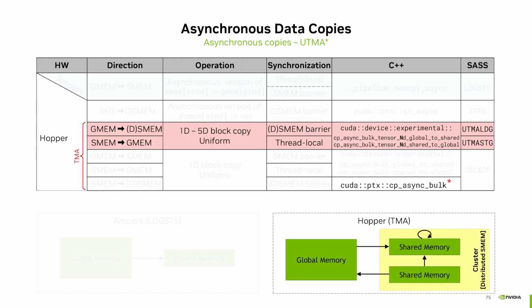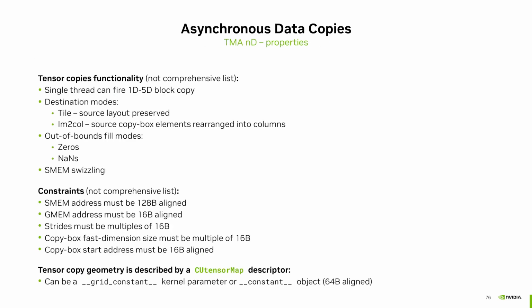So let's go to first two TMA copies, which allow us to copy up to a 5-dimensional block of memory, and we can fire this operation with just a single thread. Other features of this multi-dimensional TMA include filling out-of-bound accesses with zeros or NaNs, and swizzling. And I'll describe it later in detail.